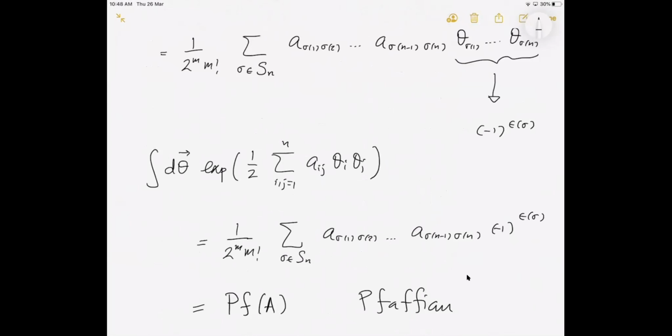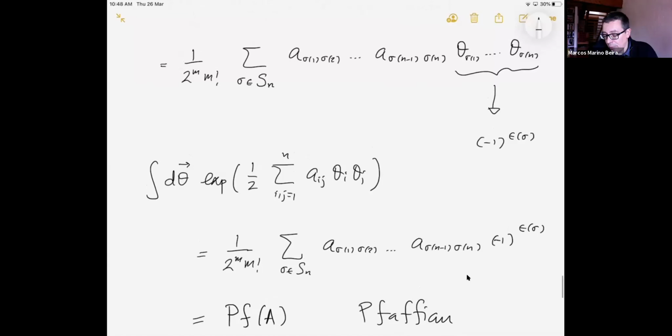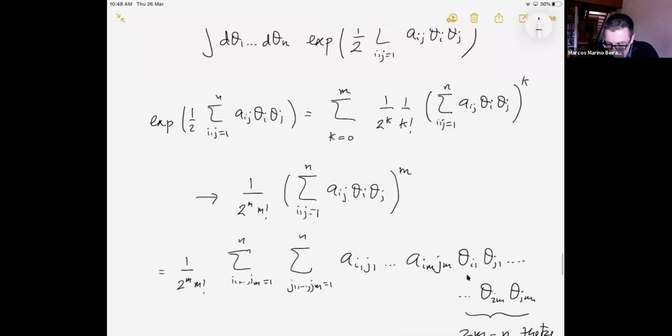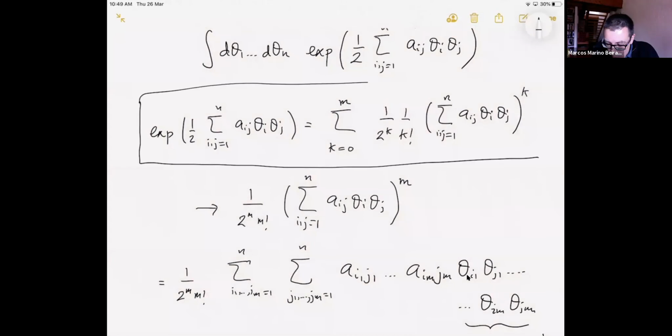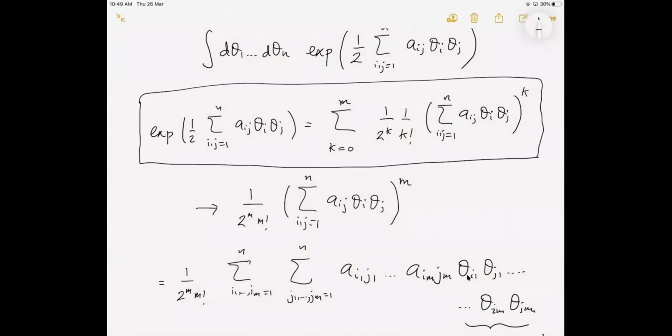Because, you know, the power that you get when I do the exponential of this, I always get an even number of thetas, right? If you look at this formula, it is always true. Now, if n is not even, you will have to truncate the thing, where m is probably the integer part of n over 2.